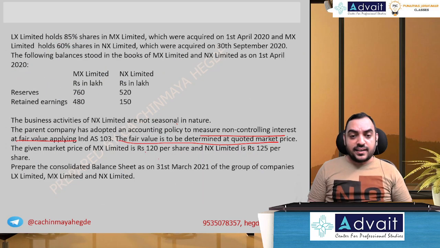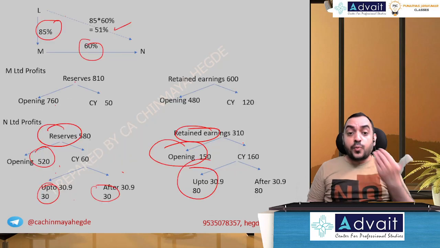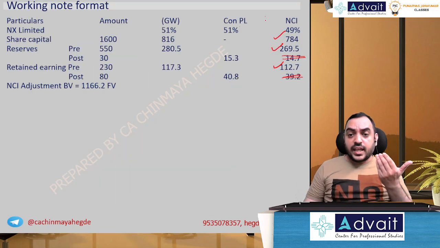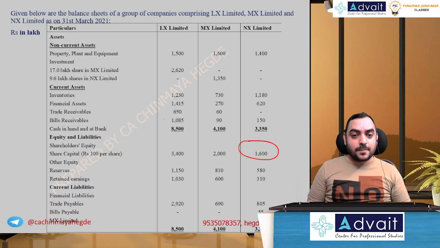Fair value, how to calculate? They said you do it based on quoted market price. So what is the quoted market price of NX Limited? NX Limited is 125 per share. And NCI percentage is 49%. How many shares are there in NX Limited? 1600, face value 100 per share.